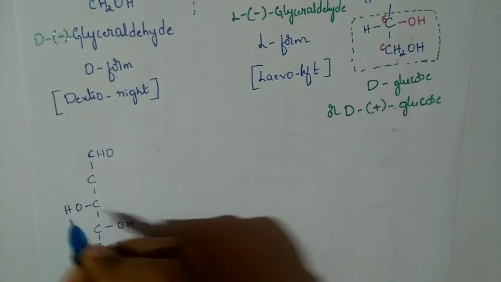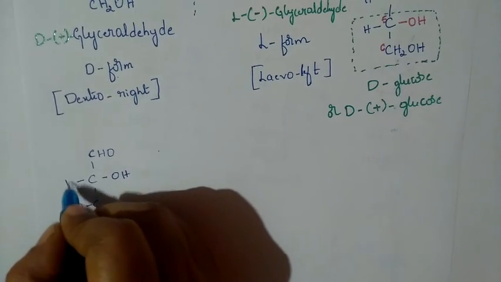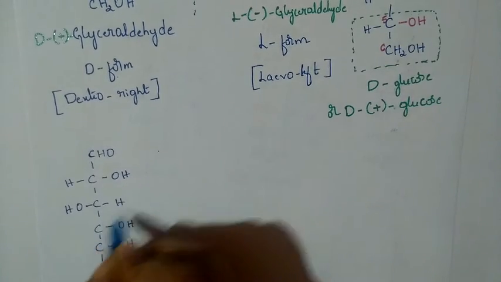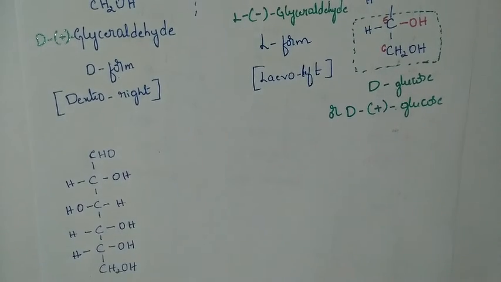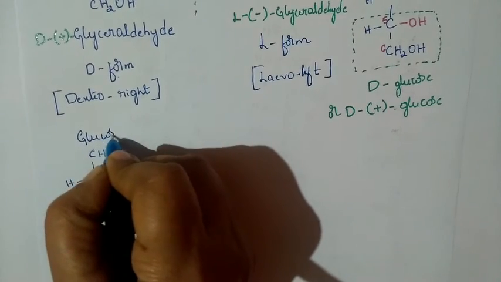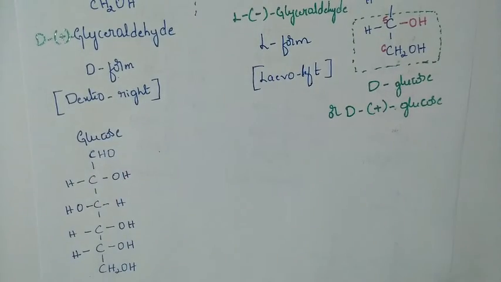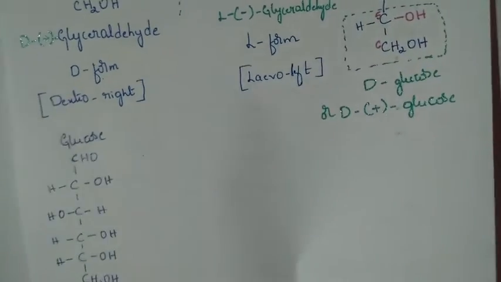Third one OH left side. Second OH right side. So it is H, H, and H. This is our glucose. So we are going to write now about galactose.